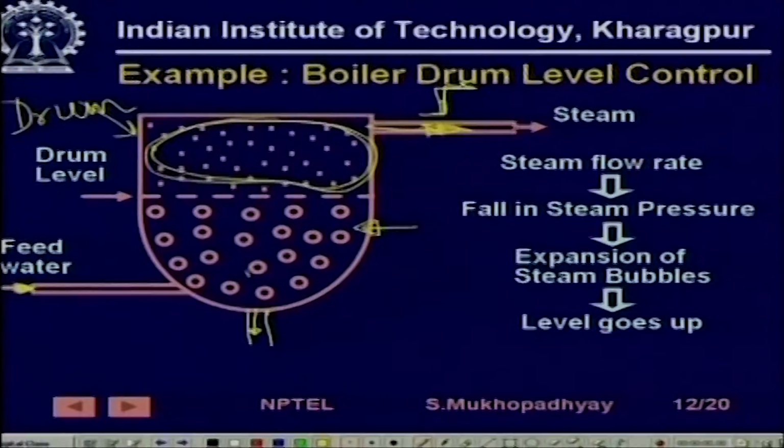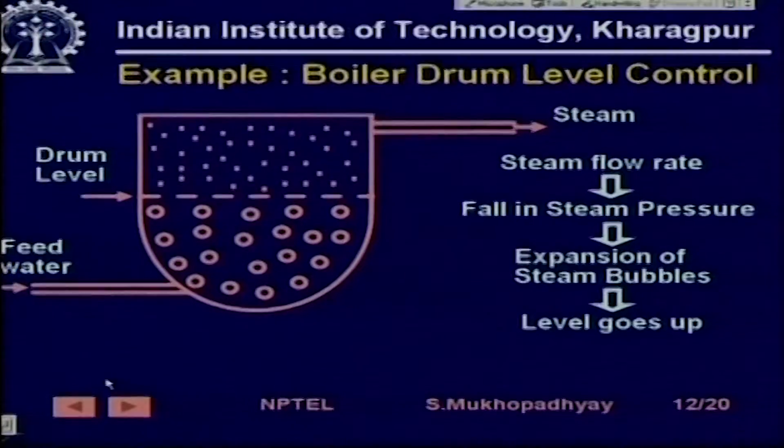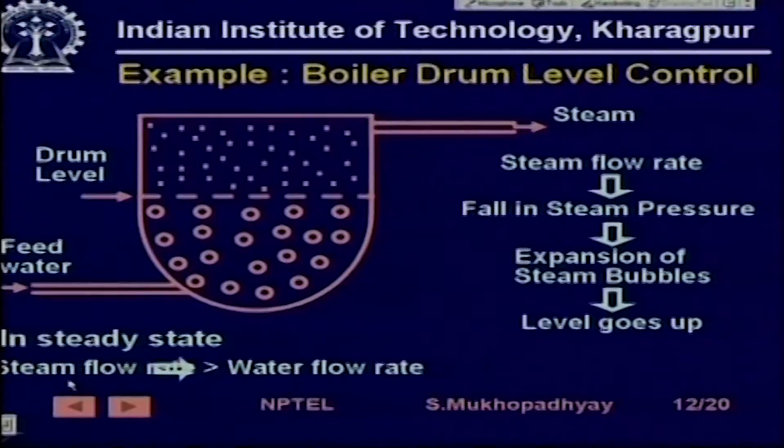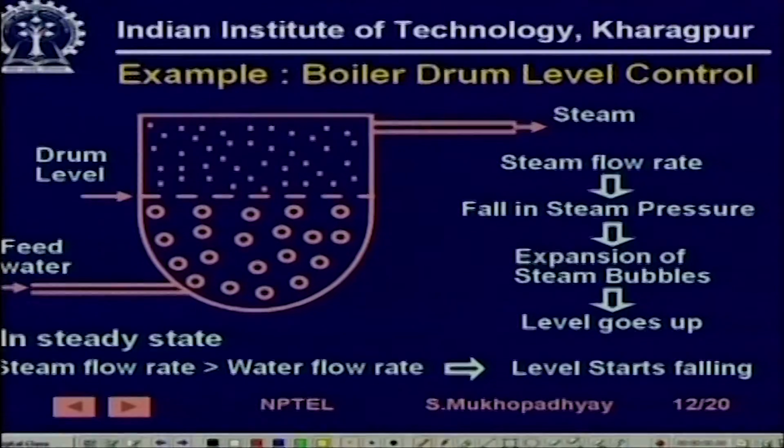So, when the steam flow rate is changed, immediately what happens? See, what should happen in the steady state? That is also shown here, in the steady state steam flow rate is increased.